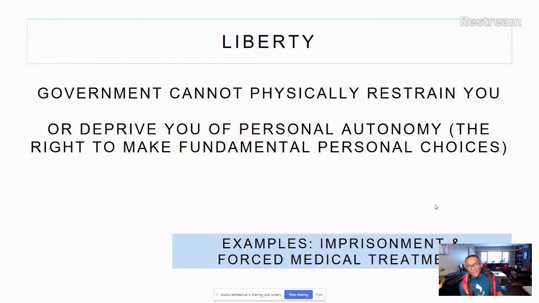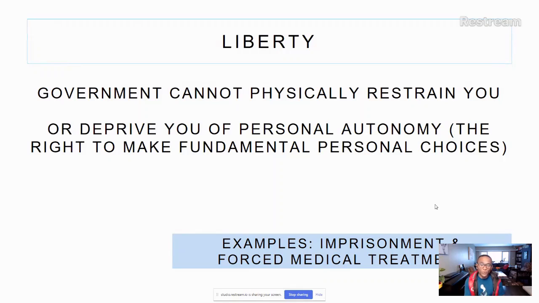Okay, on to liberty. Your right to liberty. The government cannot physically restrain you or deprive you of your personal autonomy, which is the right to make fundamental personal or life choices. Obvious examples would be imprisonment and forced medical treatment.